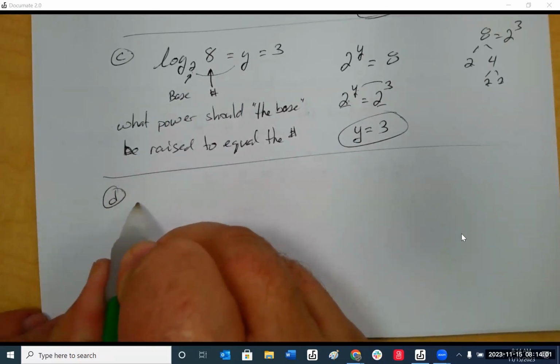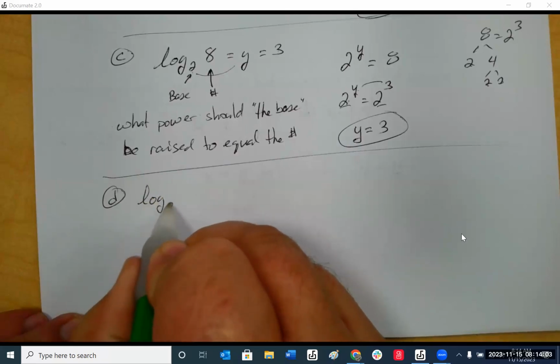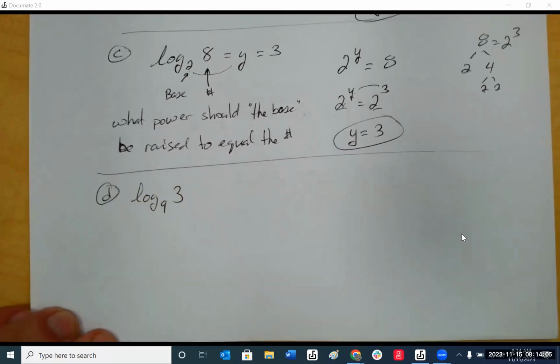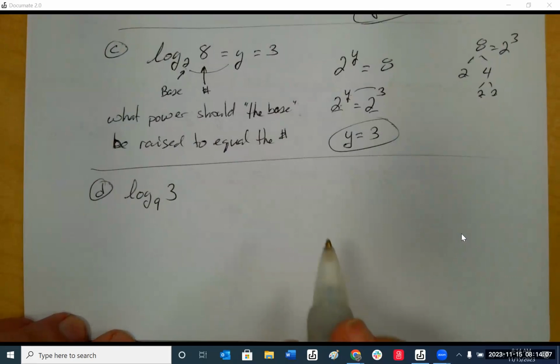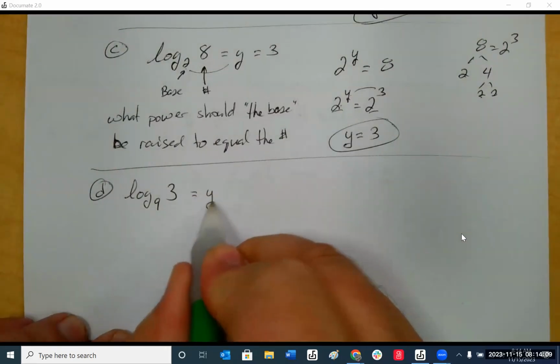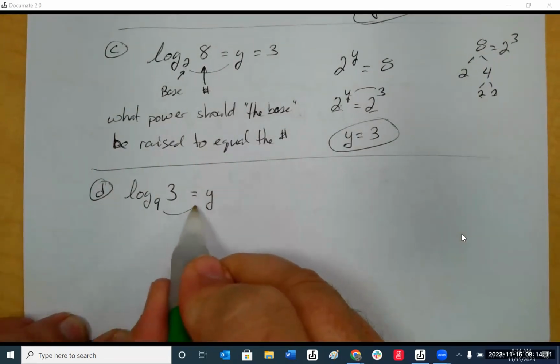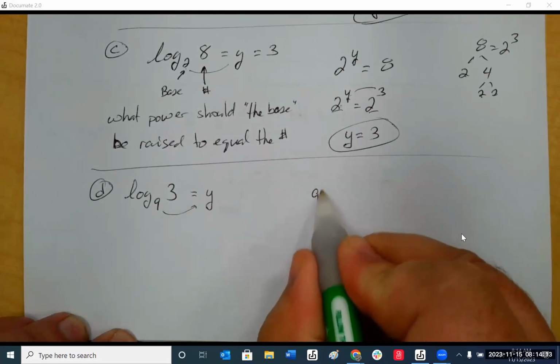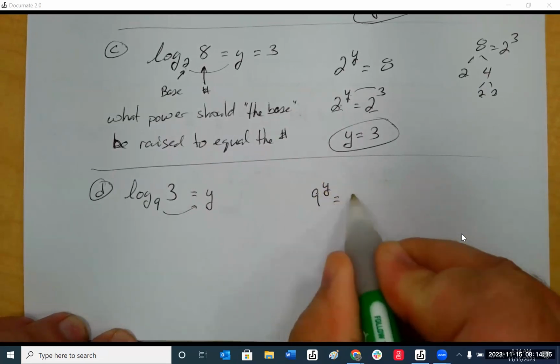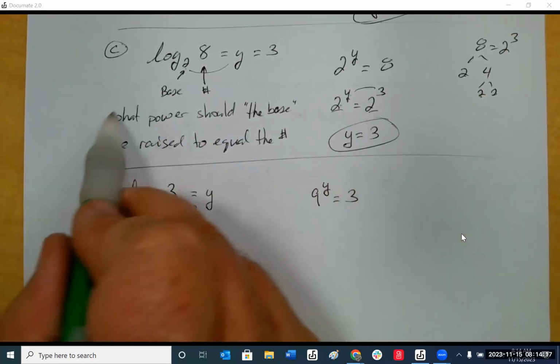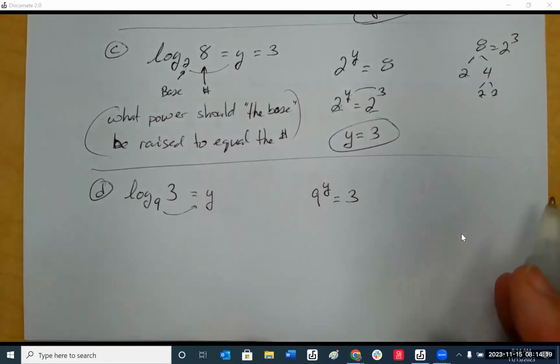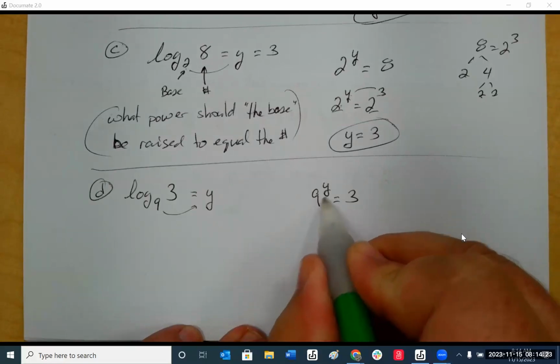D. Log base 9 of 3. Nine comes here. 9 to the power y equals 3, which is what this says. Okay, so 9 to what power?